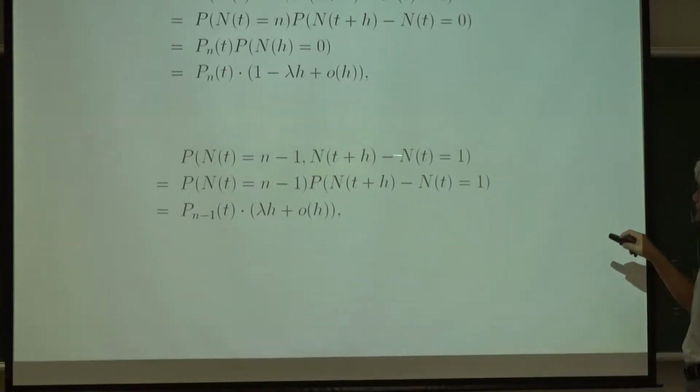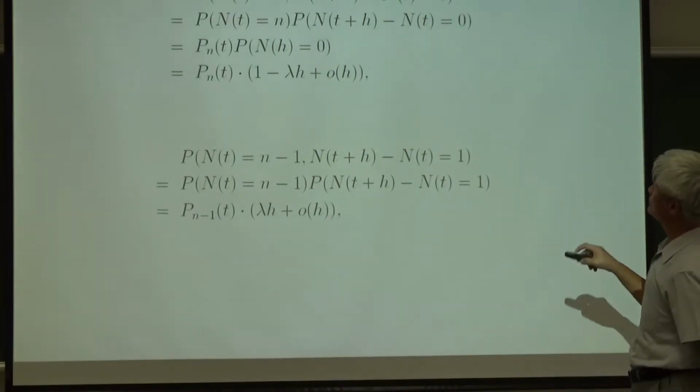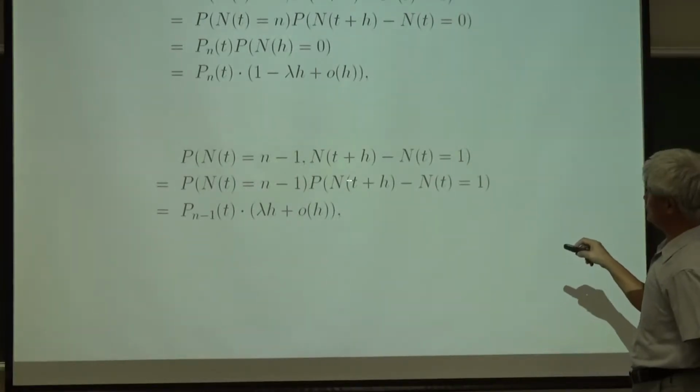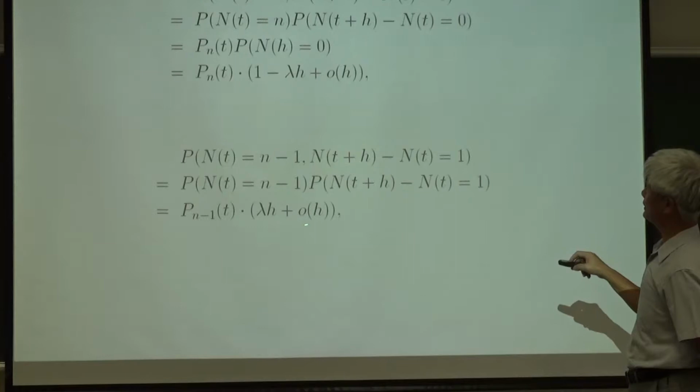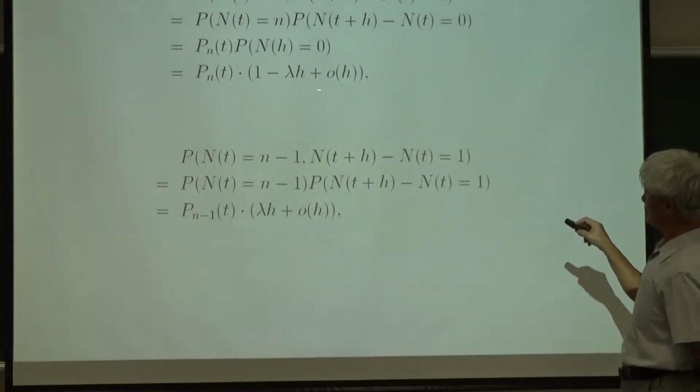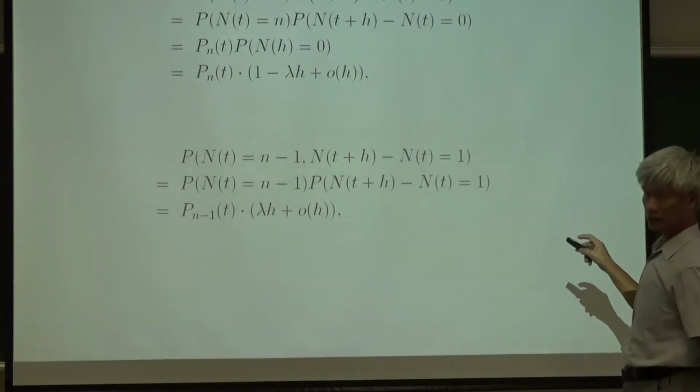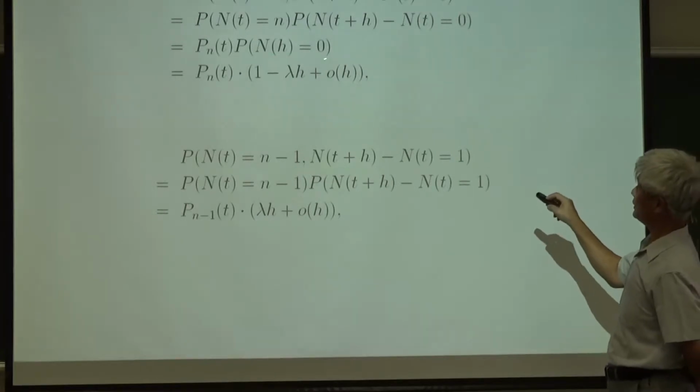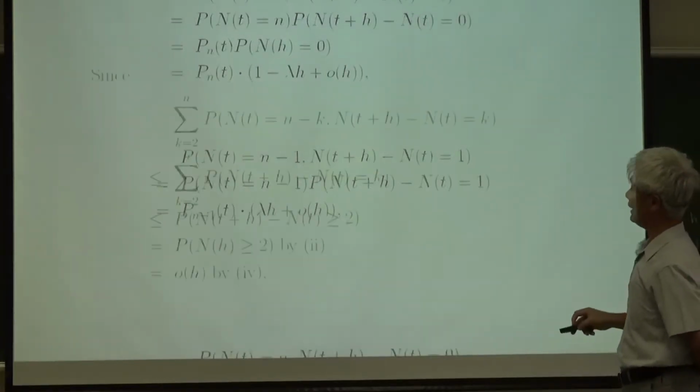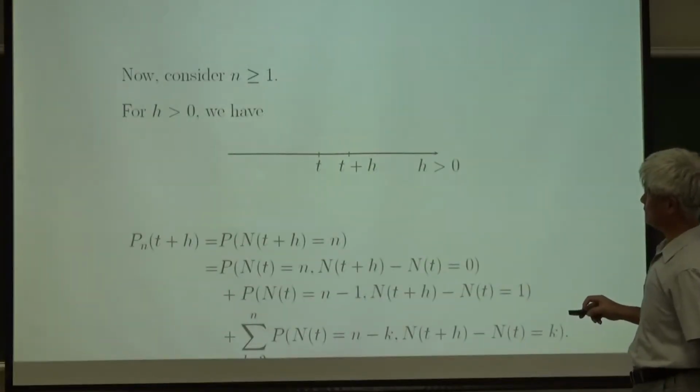And how about this one? This is number 3 and number 4, because we already found what it is before, when we considered P0 at t.